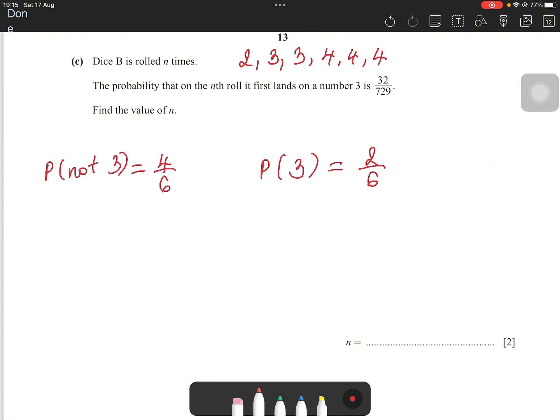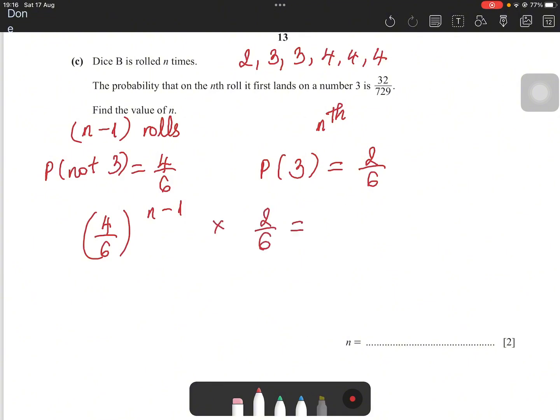And we know that on the nth roll, it first lands on the number 3. So it means in the previous n minus 1 rolls, it does not get the number 3. So this means (4/6) to the power of n minus 1 multiplied by 2/6 is equal to the probability, 32 over 729.